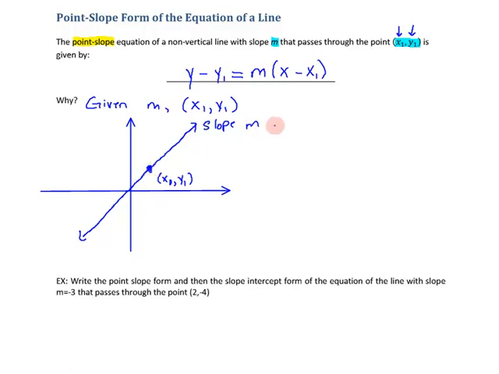Now recall that slope by definition means rise over run. So if I were to pick any other point on this line and calculate the slope between that point and the known point, I should get a value of m, right? So pick any point you want on here. Say I pick this one right here.